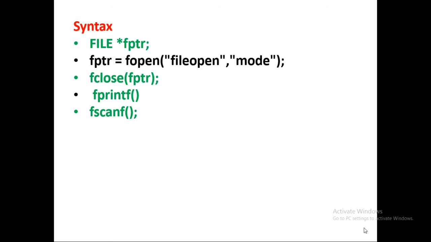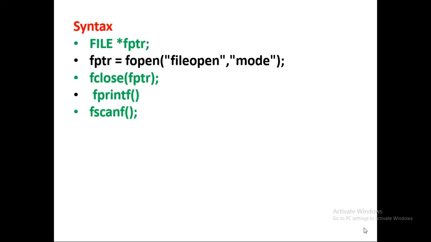Now fptr is equal to fopen means which file we are going to open and what type of mode we are going to use. These are the two things we have to know: which file you are going to open and in what mode.